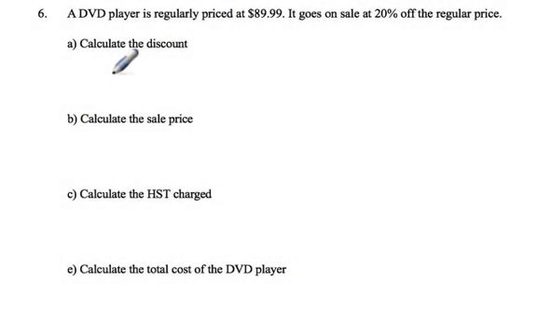A regular price of a DVD player is $89.99, and on sale it has 20% off. So first we are asked to calculate the discount, and the discount is 20%. So I'm going to calculate 20% of $89.99.